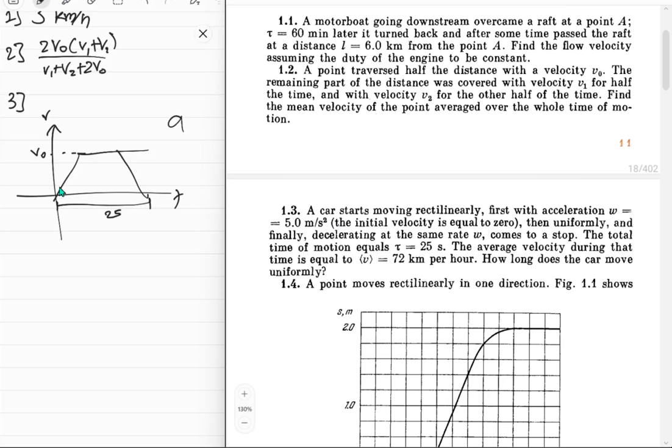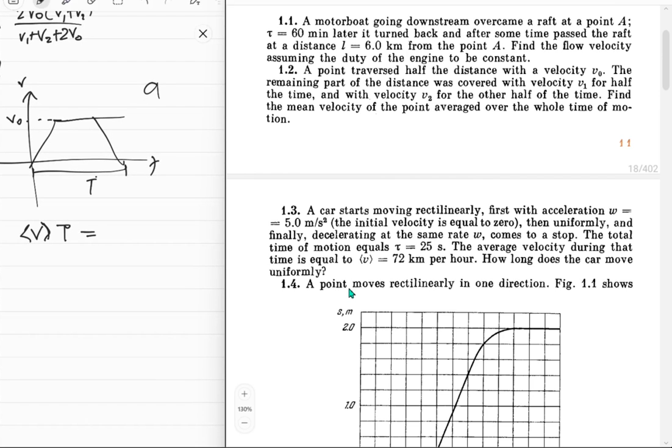Fine. So this times 25. Call this capital T because we want generalized expressions. So capital T times whatever the average velocity is. Average velocity times capital T is the total displacement. And what do we want? How long does the car move uniformly? So we want this thing, small t.